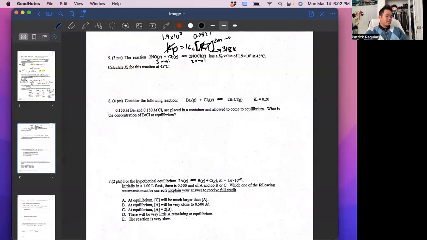So it's going to be 2 minus 3 equals -1. Let's put it all together. 1.9 times 10 to the 3 equals Kc times 318 Kelvin times 0.0821 to the -1. And we just solve for Kc. Our Kc is just 5.0 times 10 to the 4th.